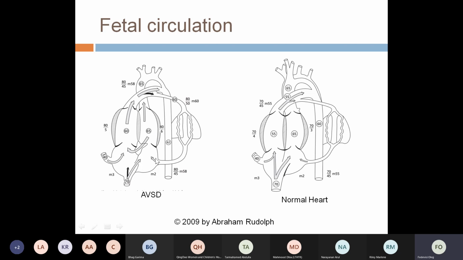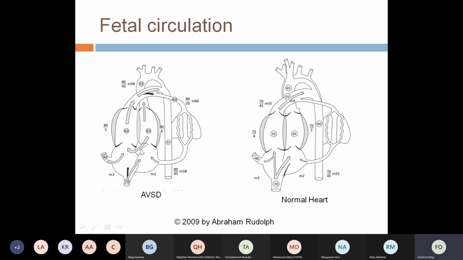And another thing, it's overloading of the left ventricle, overloading of the right ventricle subsequently, and we can get regurgitation on this common valve.